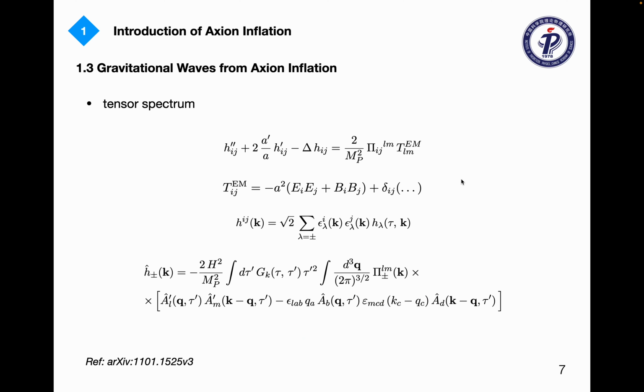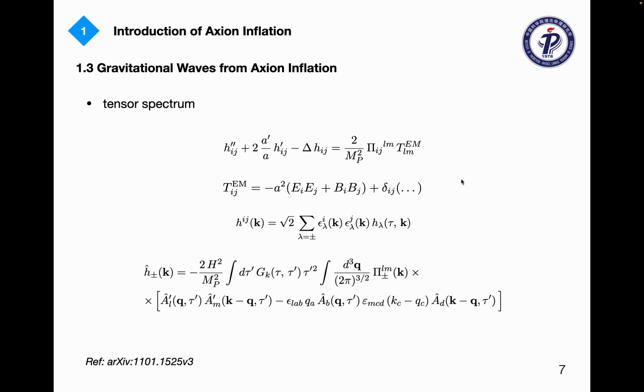Finally, this is a formula about how to compute the tensor spectrum from these models. Firstly, we can derive the energy momentum tensor of the electric magnetic field, and we put it as the right hand side of the equation of motion of the gravitational waves. So it can be explained as a source to produce the gravitational waves.